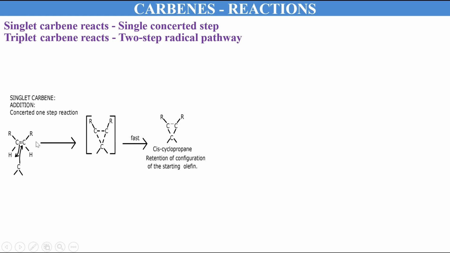Once this electron moves over here, this carbon will become plus, and this minus and plus combine together, and an intermediate is formed as a cyclopropyl group, and quickly the reaction completes. The bond formation from carbon and carbon, bond breakage between the C double bond C, and the second carbon-carbon bond formation occur simultaneously. Thus, there is a retention of configuration of the original alkene.